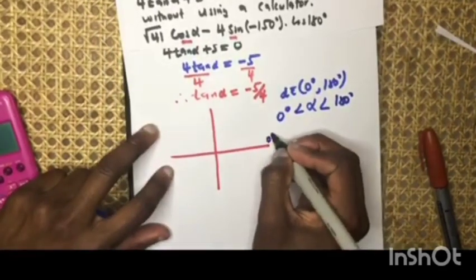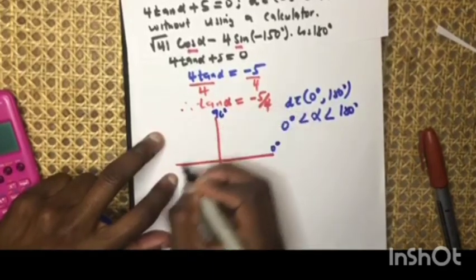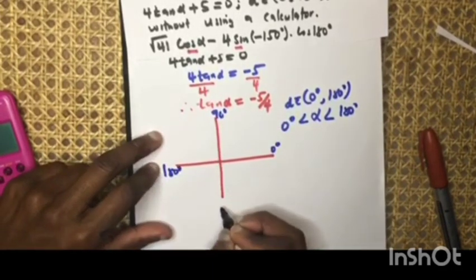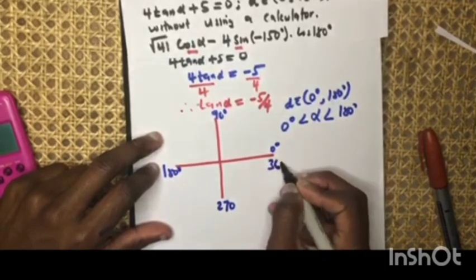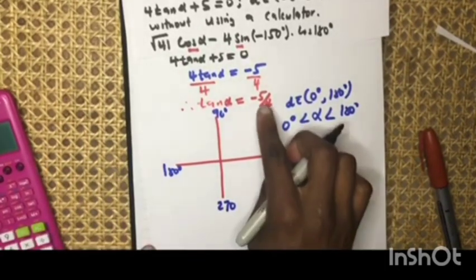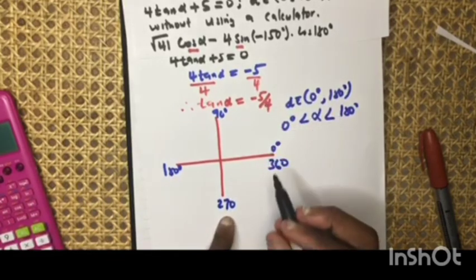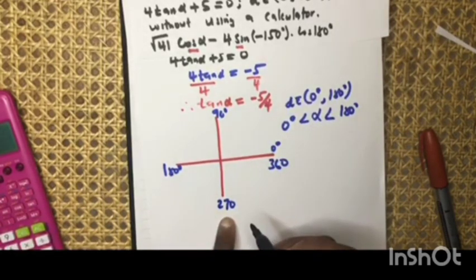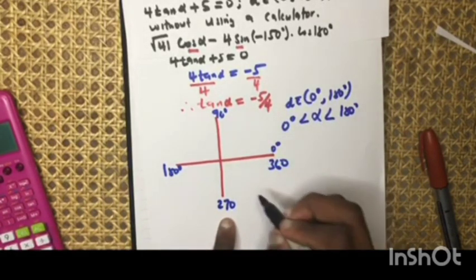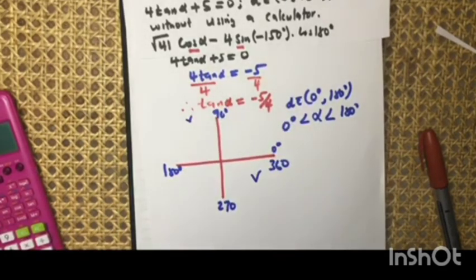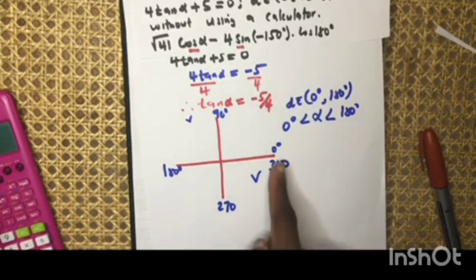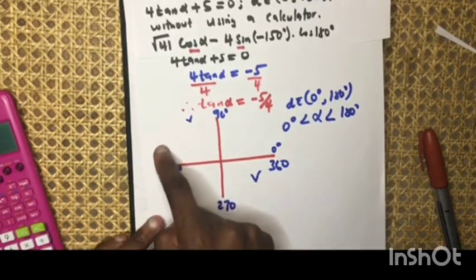So we have 0 degrees here, 90 degrees here, 180 degrees here, 270 degrees here, and 360. And tan, guys, is negative. So we know that tan is negative on which quadrant? It is negative here and here. Also the restriction says 0 to 180, they are not included.